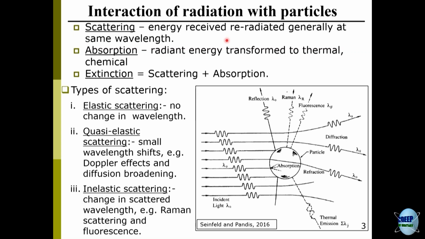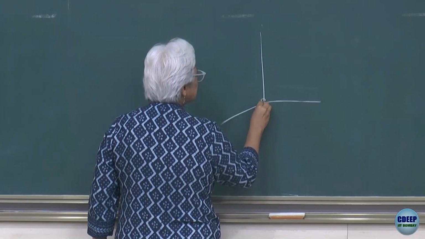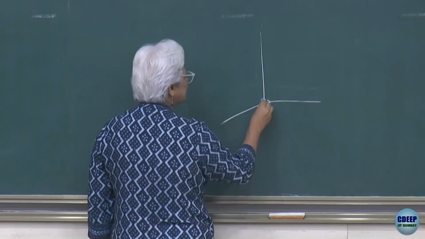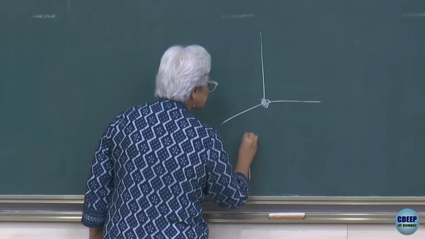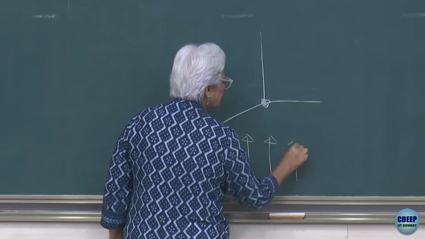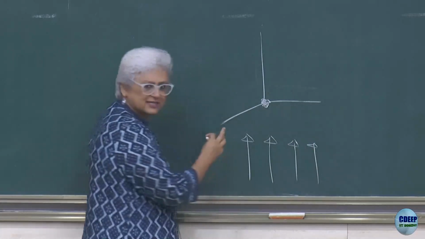So really, if you're looking at something like this with a particle, and it doesn't have to be spherical, so I'm putting a non-spherical particle over here, and suppose you really have a plane wave of light approaching it.